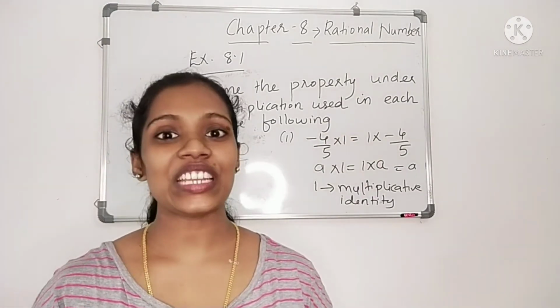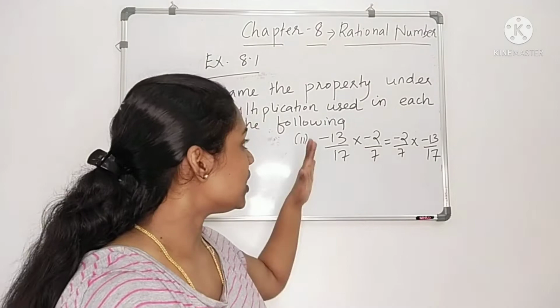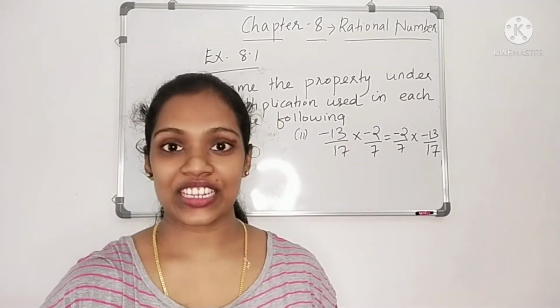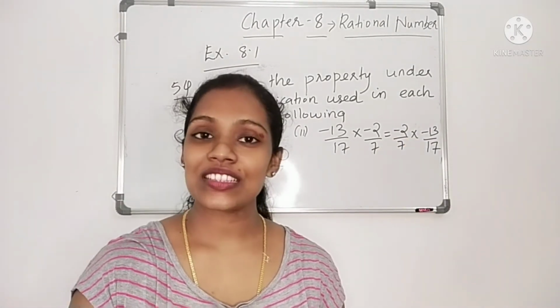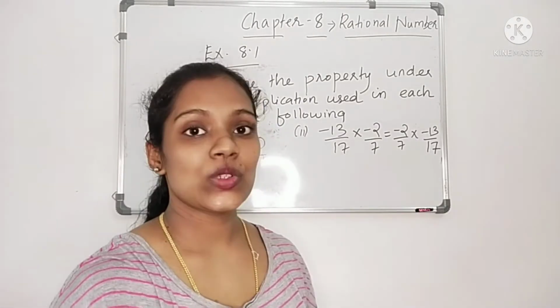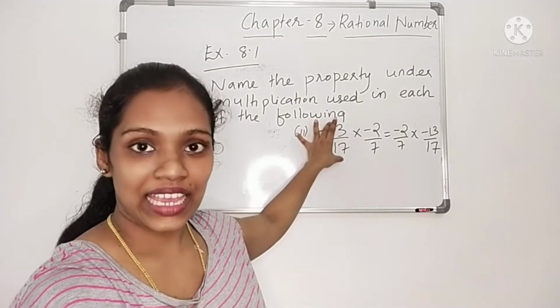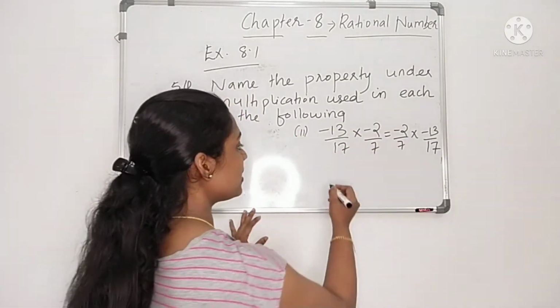Now we can move on to our next question, that is minus 13 by 17 into minus 2 by 7 is equal to minus 2 by 7 into minus 13 by 17. You have been asked to find what property is used here. Here also I can consider this term as A and this term as B. So how can I write it?